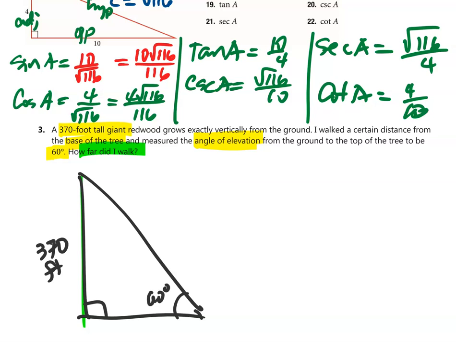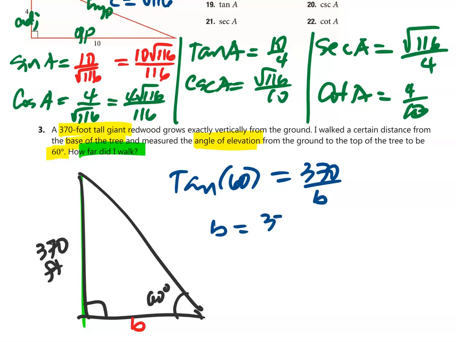So we want to solve for this. Let's say this is B. So what are we going to use? Yes, tangent. We can use tangent of 60 degrees. That is opposite over adjacent. So 370 over B.